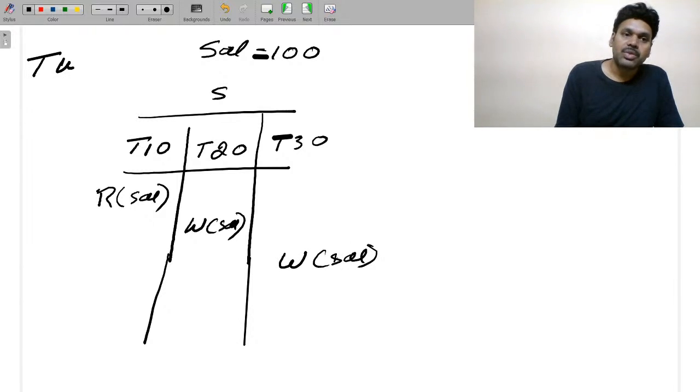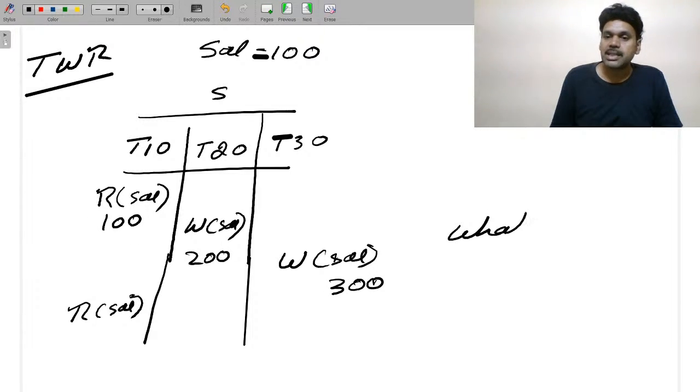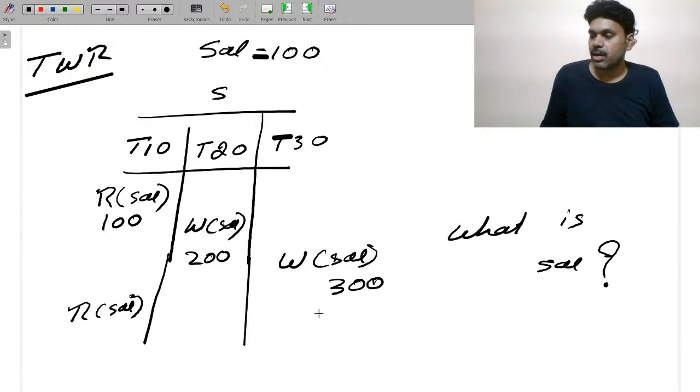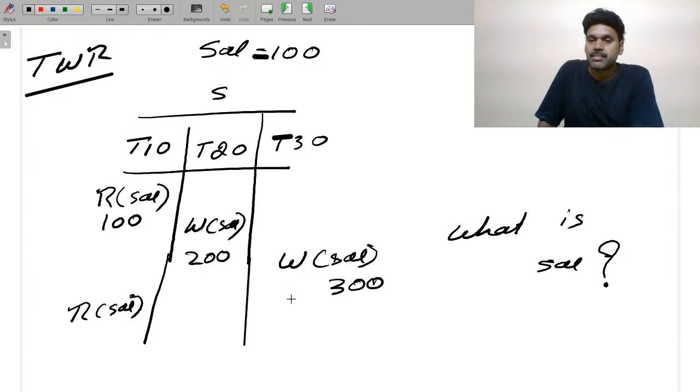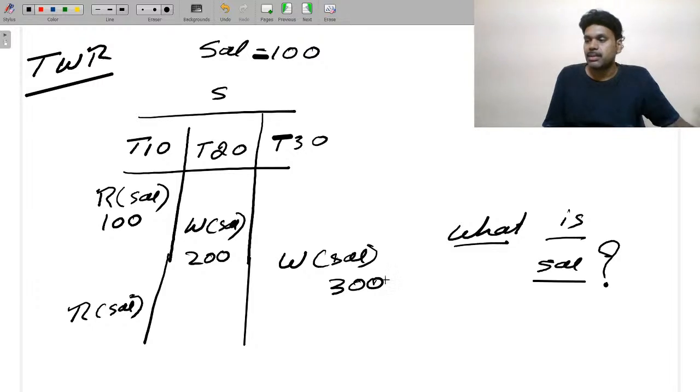I am using Thomas Write Rule. Read salary. So 200, 100, 300. What is the salary? Please observe. What is the salary in this example?